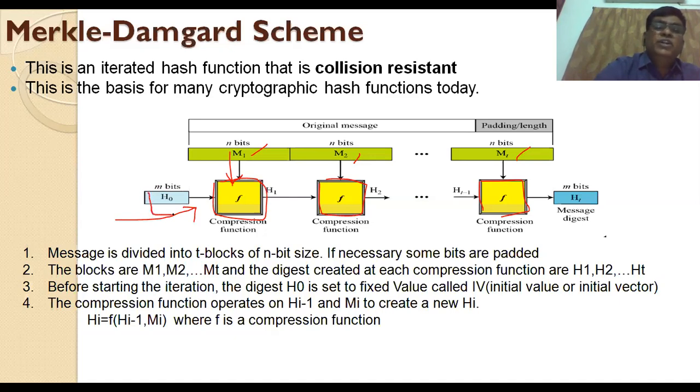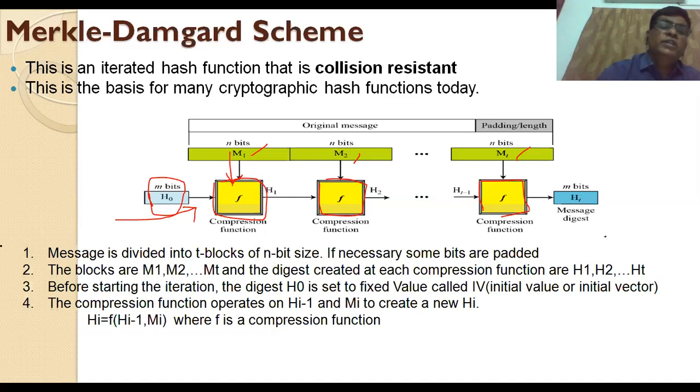Assume here h0 is some initial hash value. So the first compression function takes the first message block and it takes the initial hash value h0.